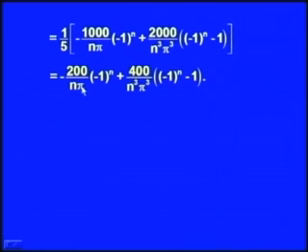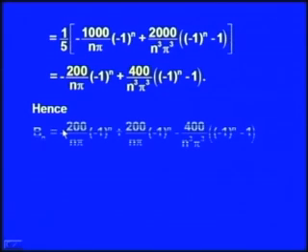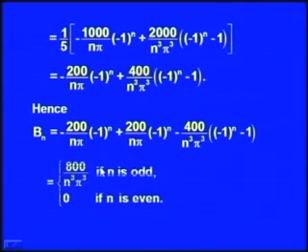When we multiply by 1 over 5 and simplify further, we can write it as minus 200 over n pi minus 1 to the power n plus 400 over n cube pi cube into minus 1 to the power n minus 1. And hence, B n equal to I 1 minus I 2 gives us minus 200 over n pi minus 1 to the power n plus 200 over n pi minus 1 to the power n minus 400 over n cube pi cube into minus 1 to the power n minus 1.